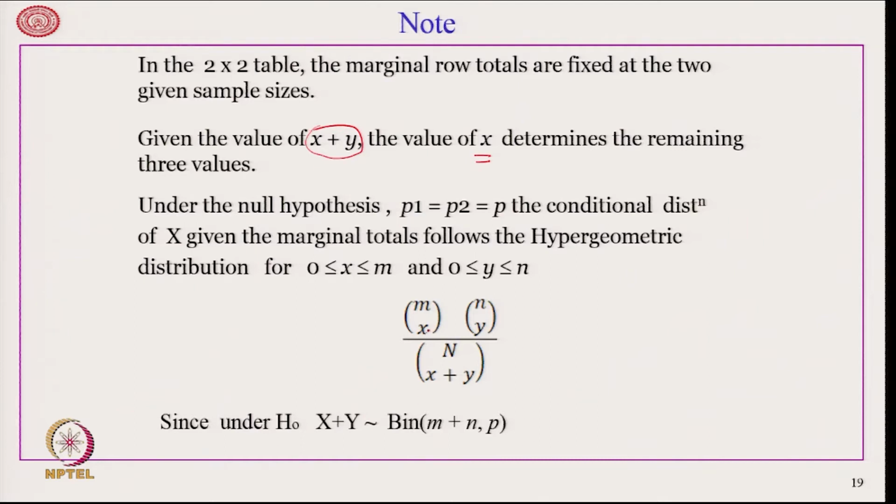That is going to be mCx times nCy, the product, divided by capital N C (x plus y). This happens because under the null hypothesis that P1 is equal to P2 is equal to P, the sum x plus y itself is also a binomial random variable with parameters m plus n and p.